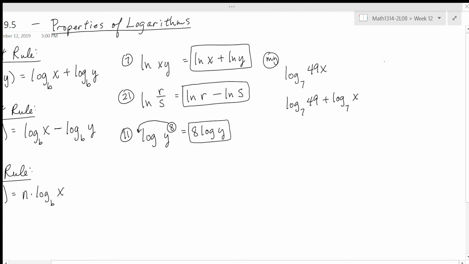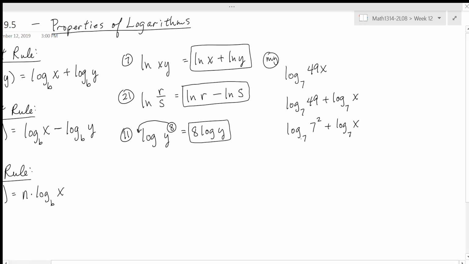Okay, so here's what I would do if I want to show work. Can I rewrite 49 as 7 to some power? Does everybody agree that 7 squared is 49?